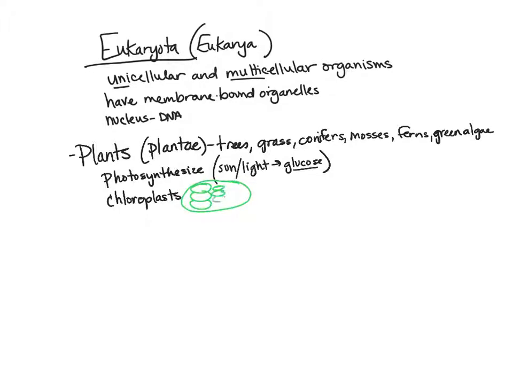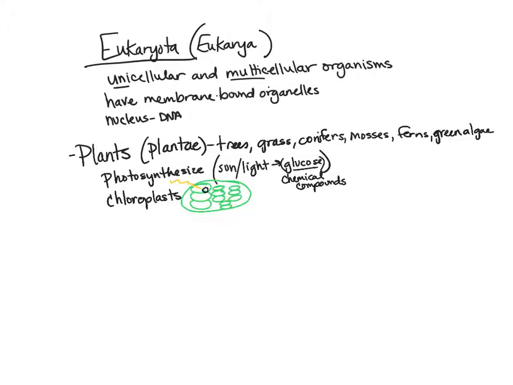Within these little green discs is where they go through the process of photosynthesis, where they take in sunlight energy and then convert that into chemical compounds. So I should probably write that here instead, chemical compounds. A lot of the time what they're making, though, is glucose.